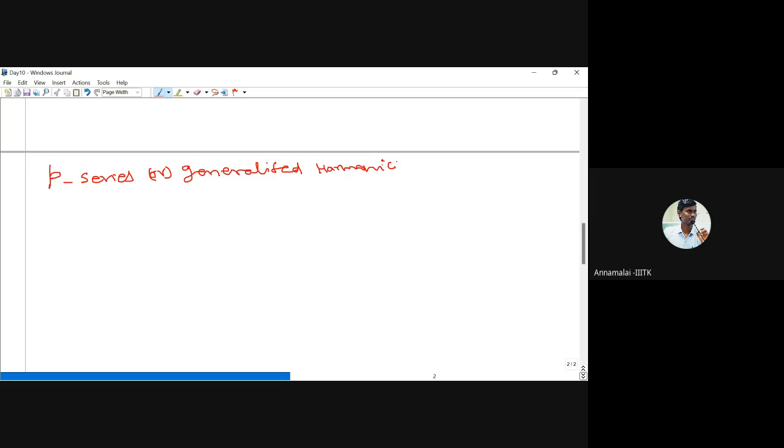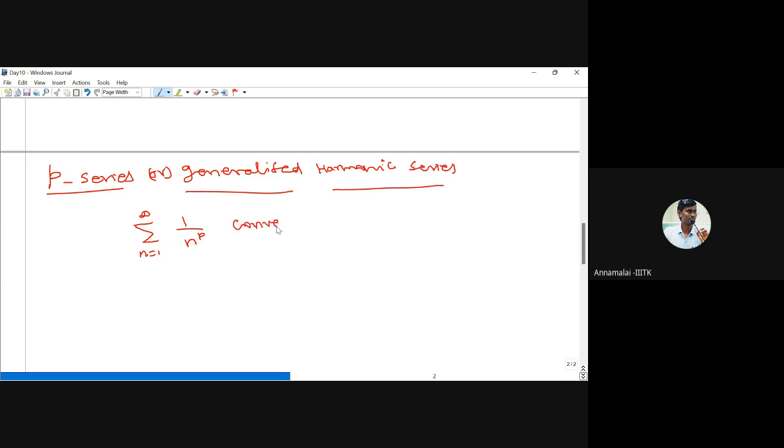It's nothing but the positive term summation 1 by n power p, with n equal to 1 to infinity. Now, is this series convergent?